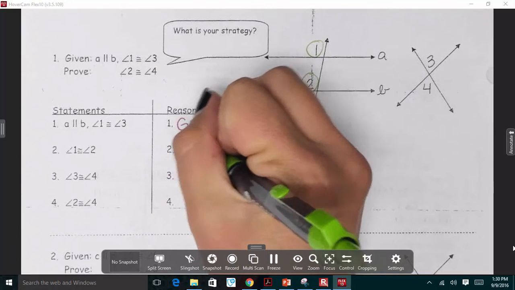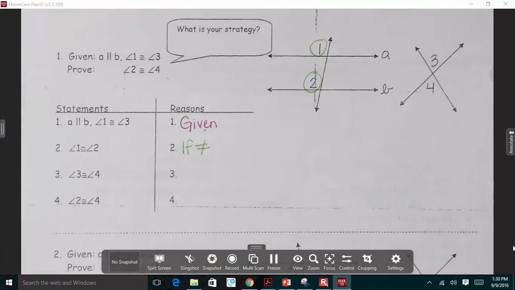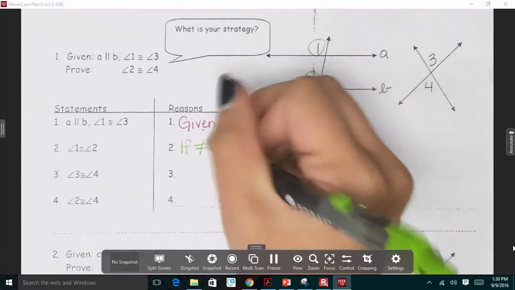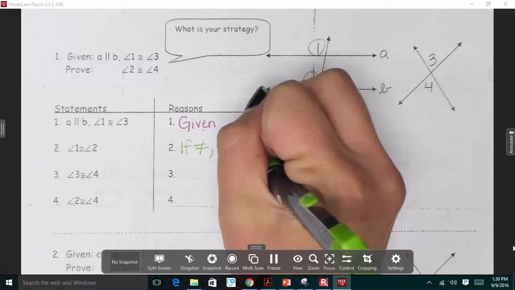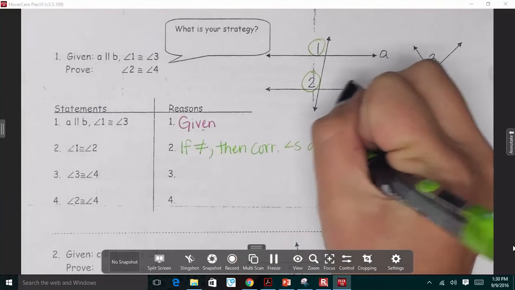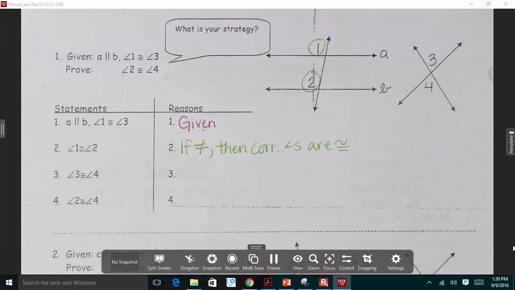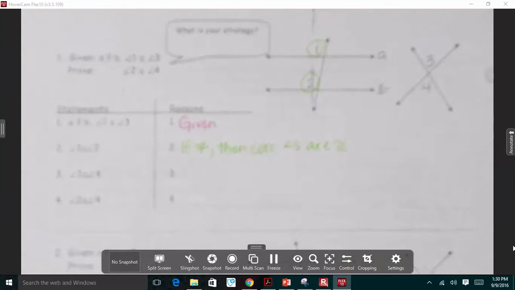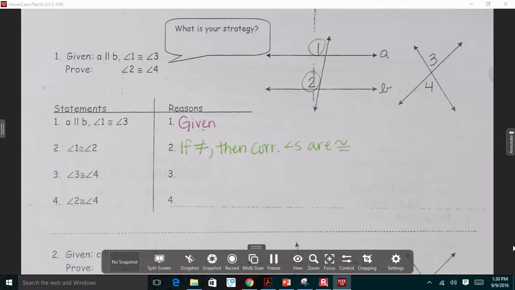If two parallel lines are cut by a transversal, then corresponding angles are congruent, okay? I'm not going to make you write out that sentence until we get to paragraph proof, so I'm going to let you shorthand.